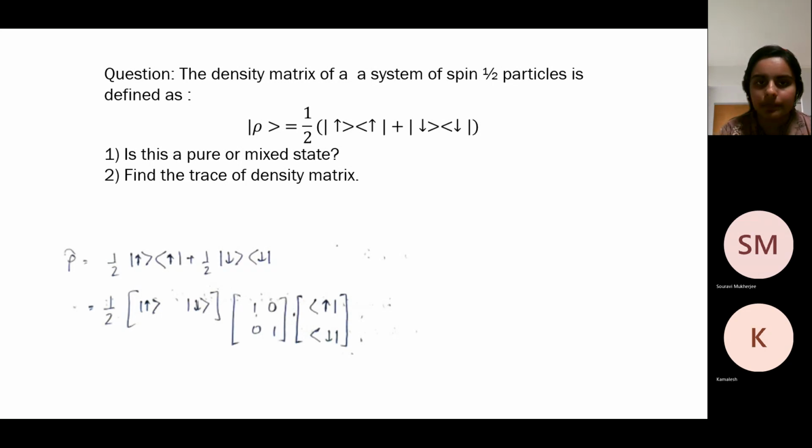Yes, ma'am. Right. So what are the eigenvalues of the density matrix then?